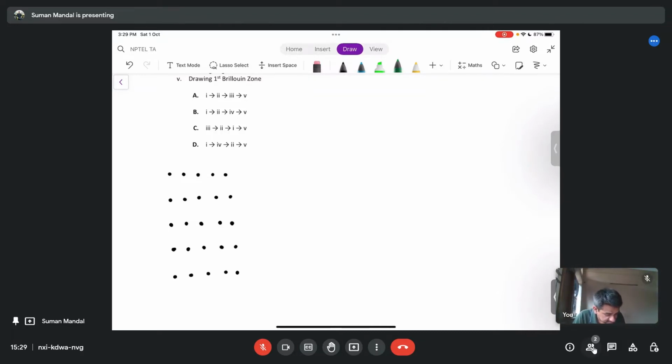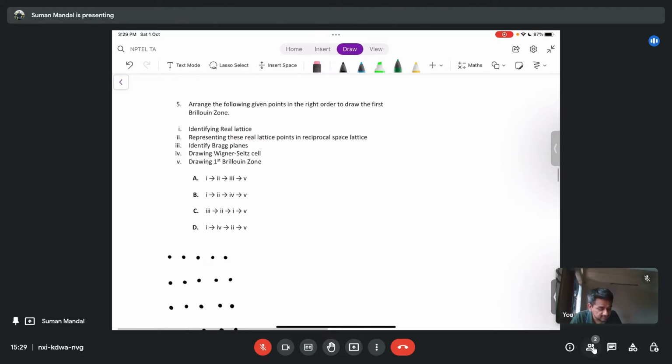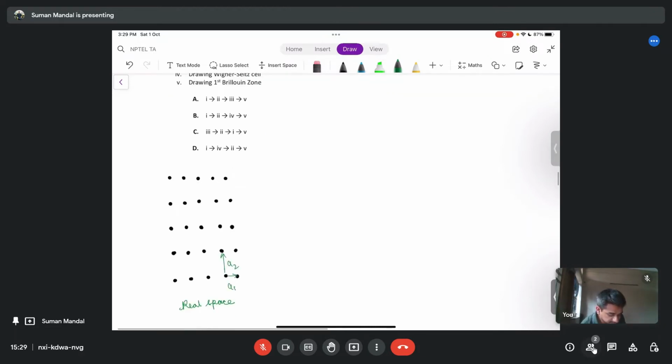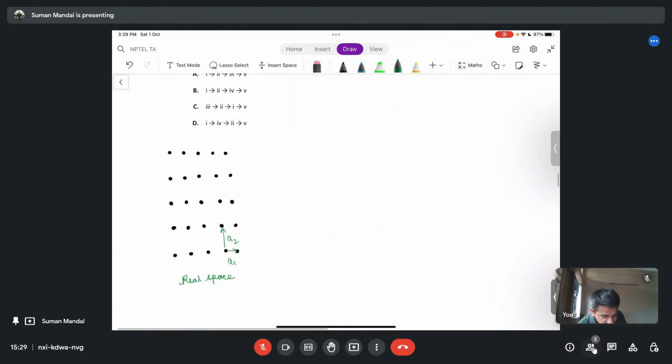If these are the A1 and A2 real space lattice vectors, real space. So the first activity is to identify the real lattice point. The second is to convert it into reciprocal lattice so that we can draw the Bragg planes of the Wigner-Seitz cell. This is the first step.